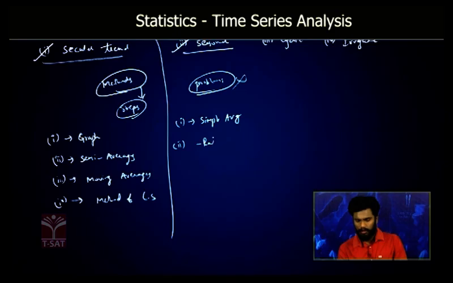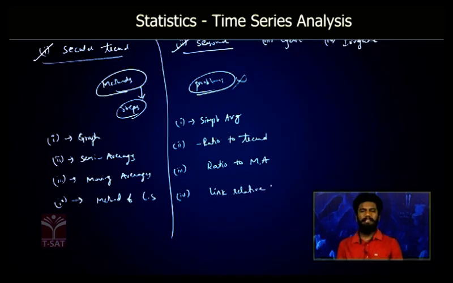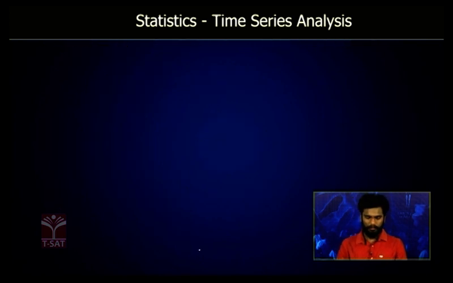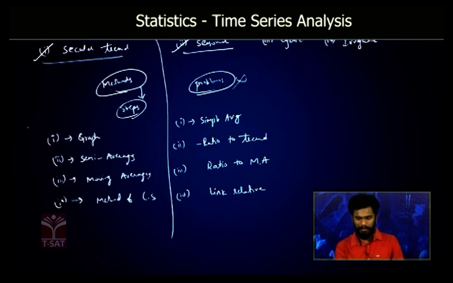Second, the ratio to trend method. Third, the ratio to moving averages method. Next is the link relative method. We will just see the steps involved in measuring the secular trend and seasonal variations. Just concentrate on the methods, the steps involved, and the formulas for each method. That is enough. Now first, we will see each and every one clearly.